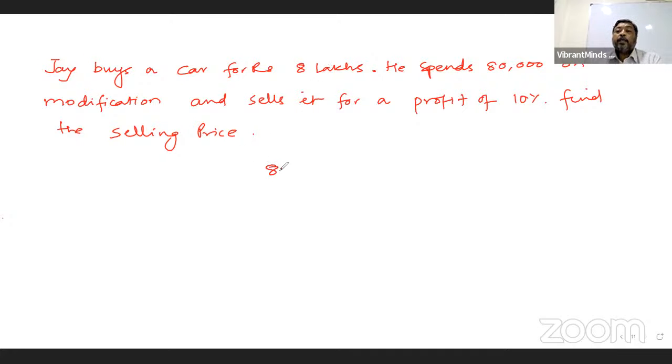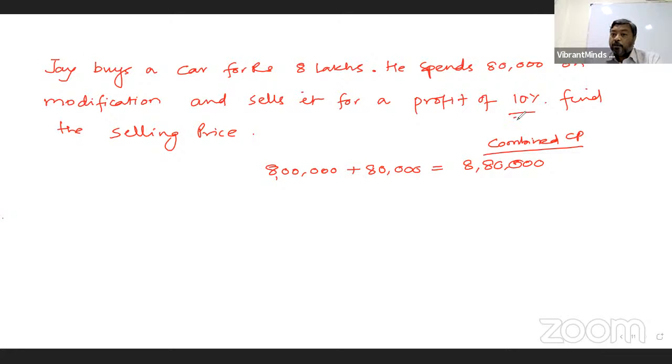So 8 lakh plus 80,000, it will get added and it will become 8 lakh 80,000 combined cost price. He is selling for a profit of 10%. So 10% of this is how much? It is 88,000. 10% 80 हट जाएगा and it will be 88,000.